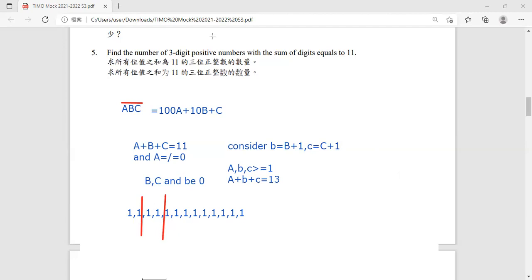Is this C3? I think it's not C3, it's 12C2, which means 12 times 11 over 2 times 1, which equals 66. You can count it yourself.